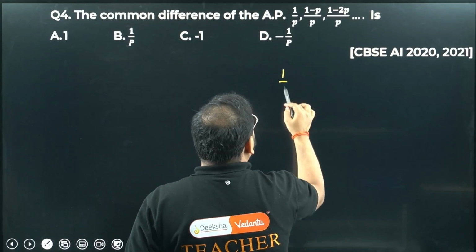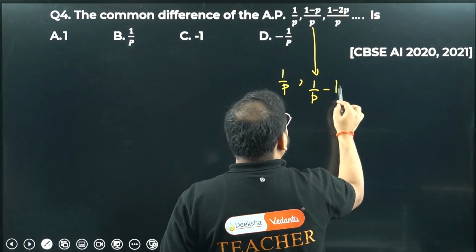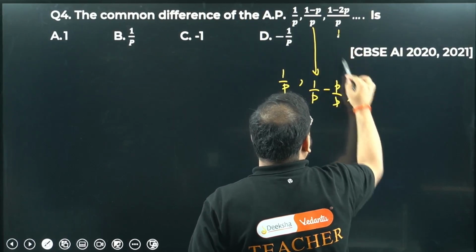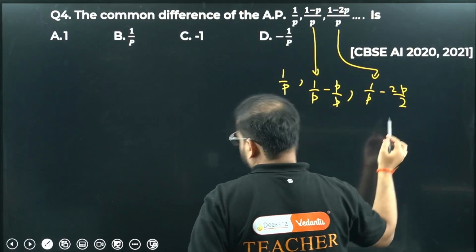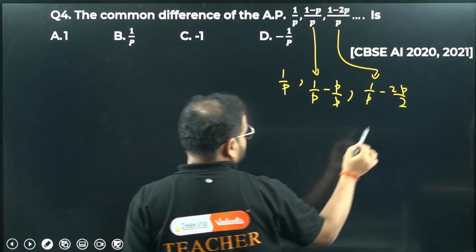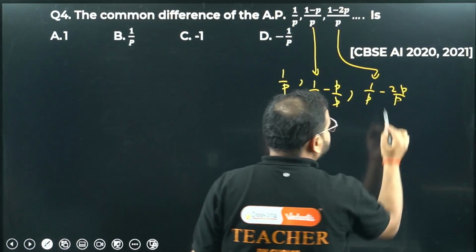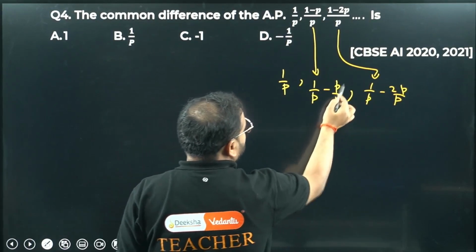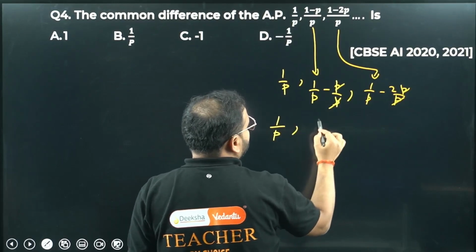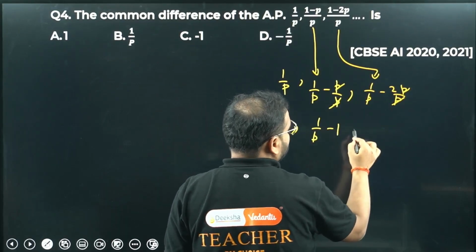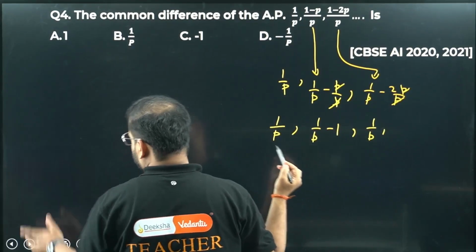Please check. 1 by P, I can write this as 1 by P minus P by P, and this as 1 by P minus 2P by P. So this cancels out, this cancels out. What I'm ending up with: 1 by P, comma, 1 by P minus 1, comma, 1 by P minus 2.